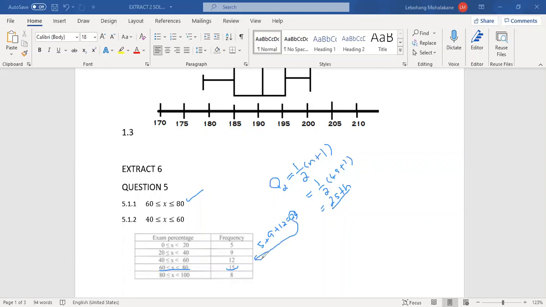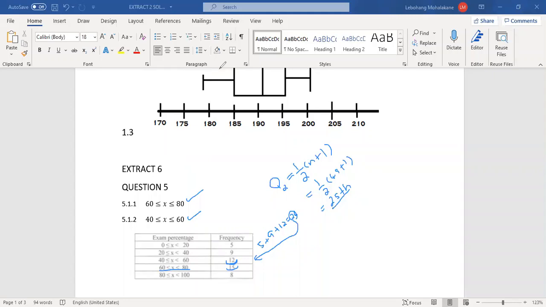Before 26 is 25, so it means that my median is going to lie here at 12. My median is somewhere here. I know the interval. I don't know where it is actually situated, but I know the interval. So I give the interval, and here's my mark. Is that part understood, or should I explain? Questions? Okay, so I can move on.